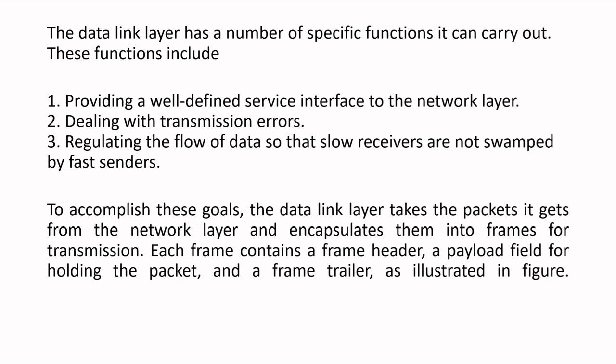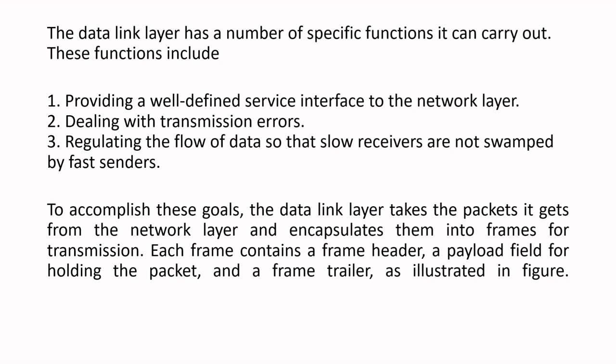So there are certain well-defined services. The second point is dealing with transmission errors, meaning the data link layer is responsible for transmission errors. Errors are detected and corrected at this layer.